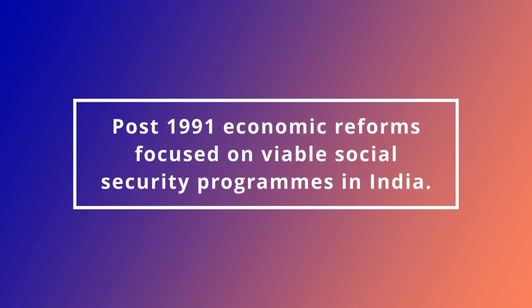But you all know, since 1991, we have shifted to the new economic reforms, and since the reform was initiated, the social security measures adopted previously in different plan models have also shifted. Before 1991, what the Indian planners focused on were legislative things.